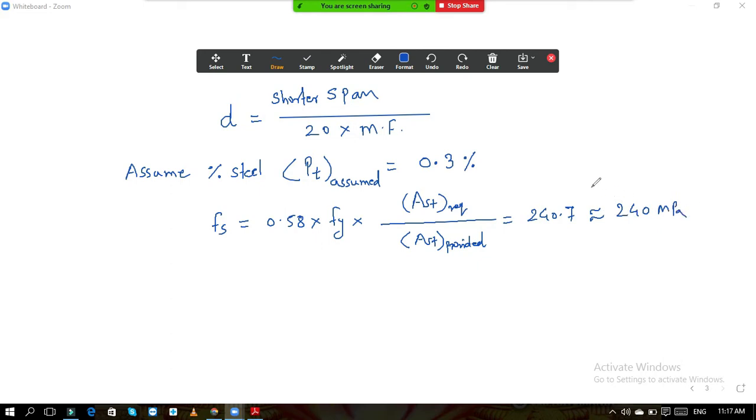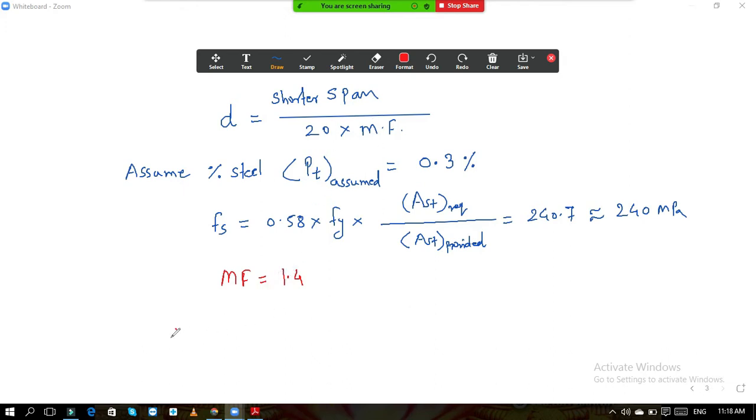So we need to see the line of 240. Okay, for the percentage of steel of 0.3, what is our modification factor? This is also something we have calculated before. It is roundabout 1.4 to 1.45. So we will take here 1.4 as our modification factor.